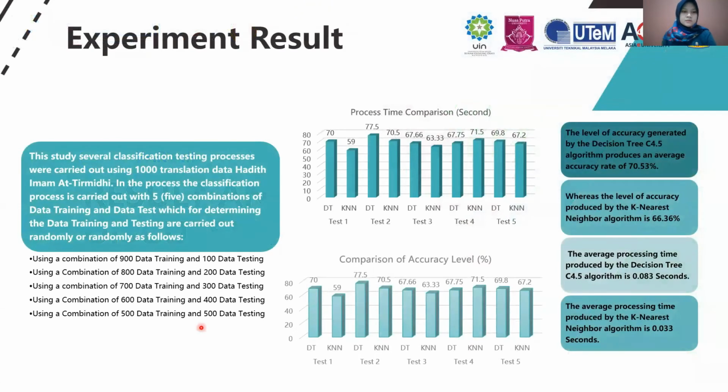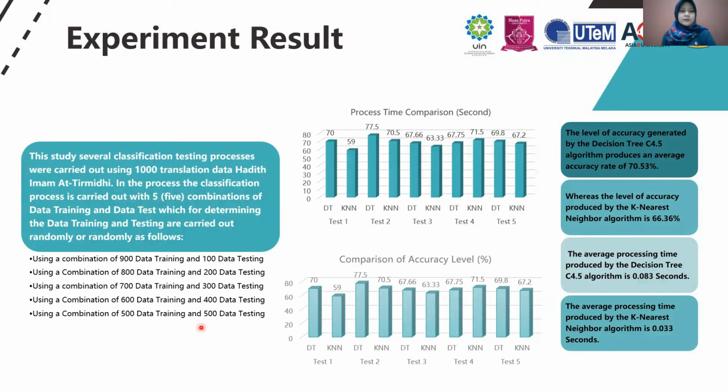For this result, we use 100 translation data of a Hadith at-Tirmizi in Indonesian text, and we have 5 scenarios for divide the training data and testing data to determine the classification of Hadith text.